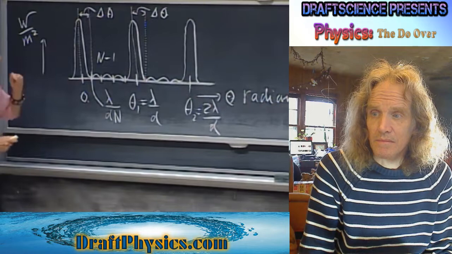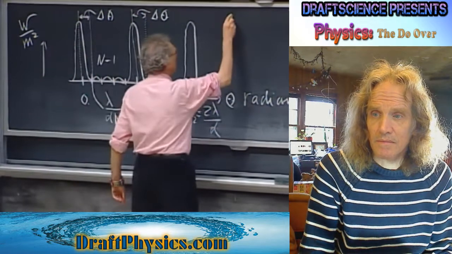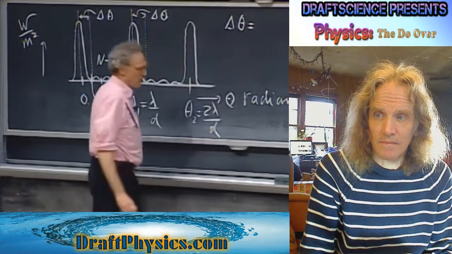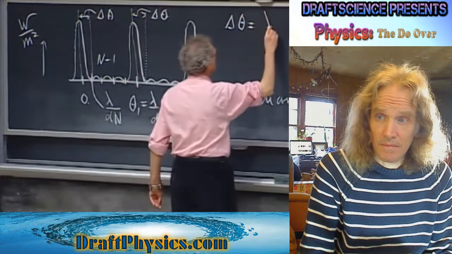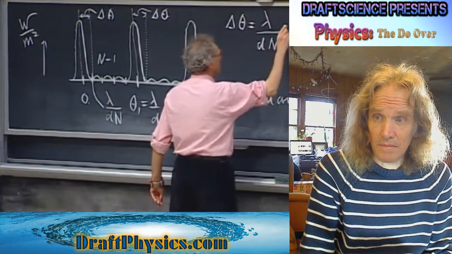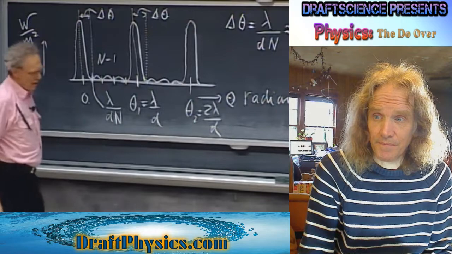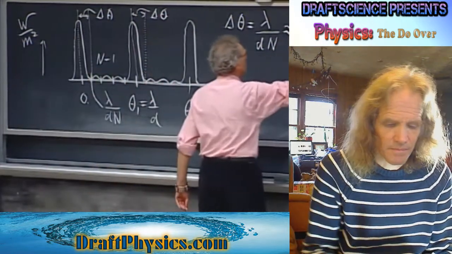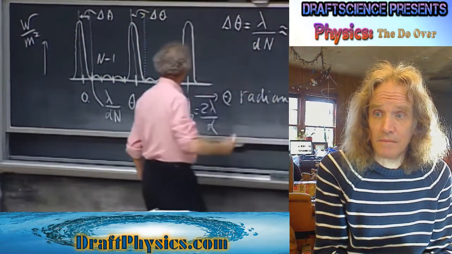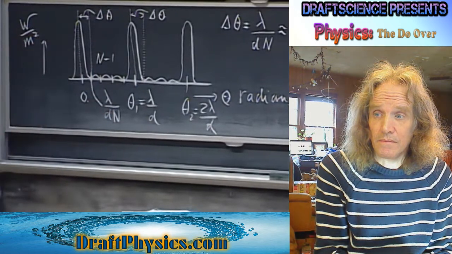Here it is maximum, here it is 0. And so that angle delta theta, in terms of radians, is lambda divided by d times N, which then is approximately theta 1 divided by N, because theta 1 itself is lambda divided by d.